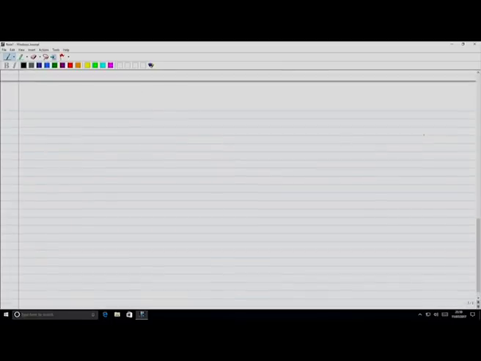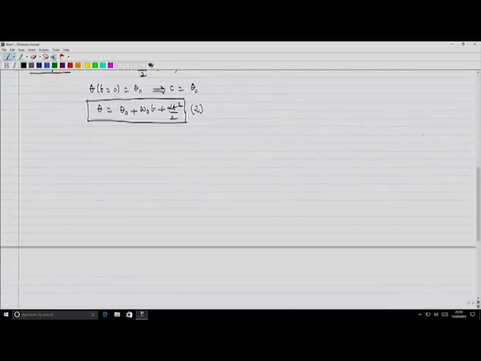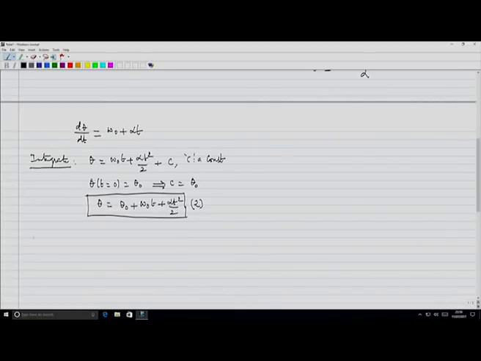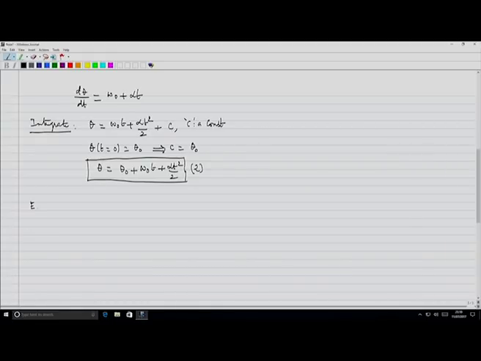We will not do it. Eliminate t between 1 and 2.